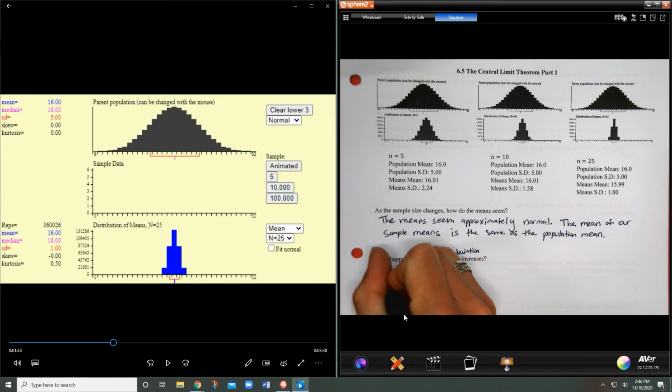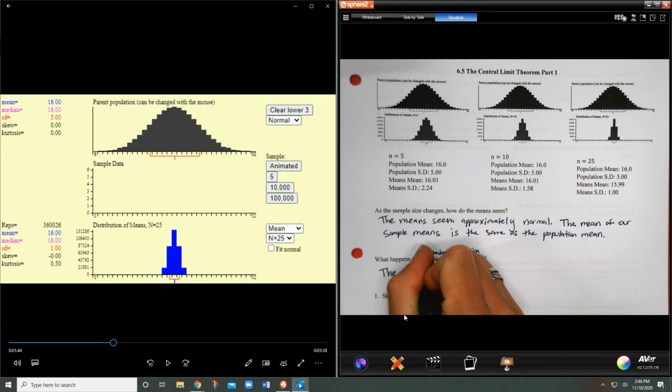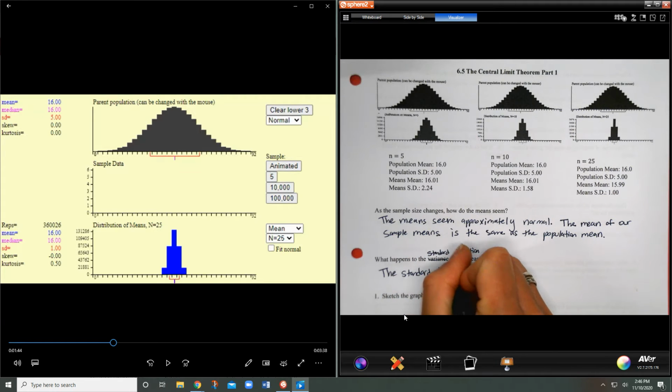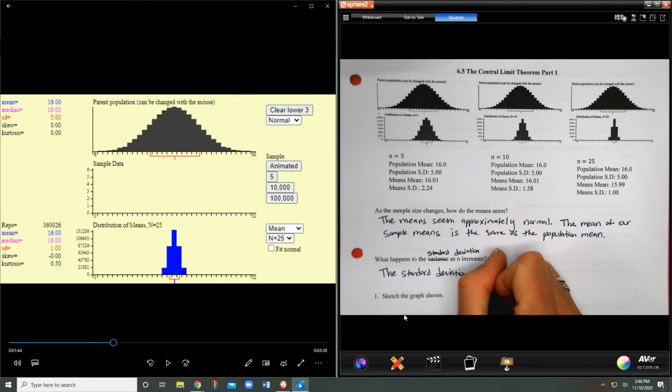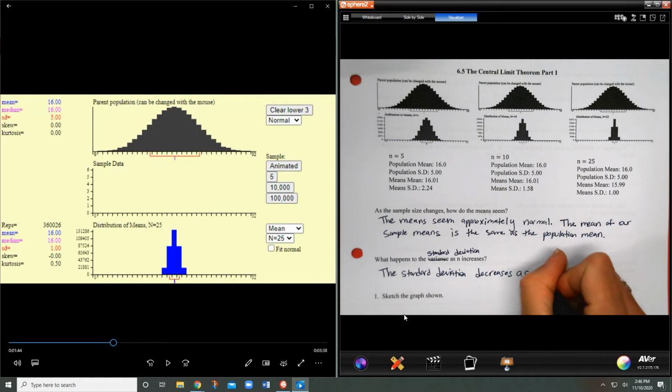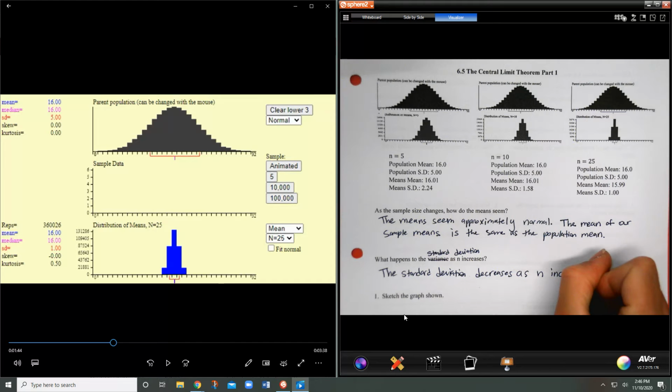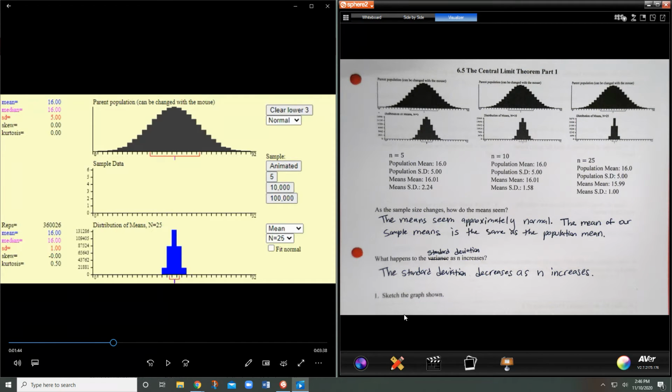We can say the standard deviation decreases as n increases. As our sample size is getting larger and larger, our standard deviation is getting smaller and smaller.